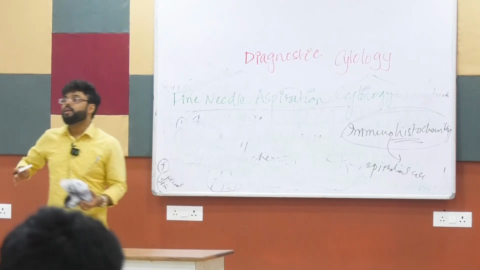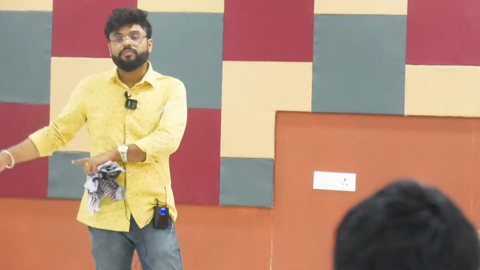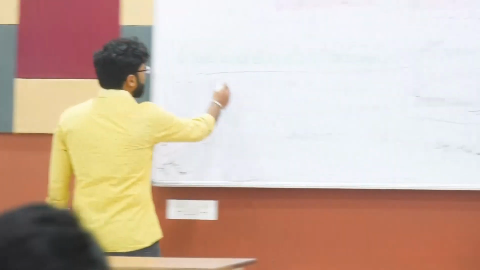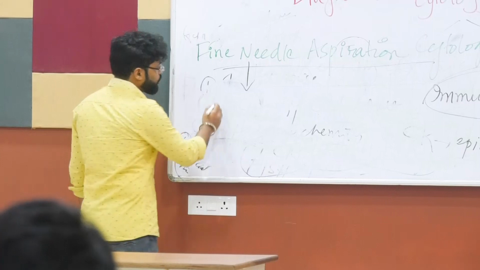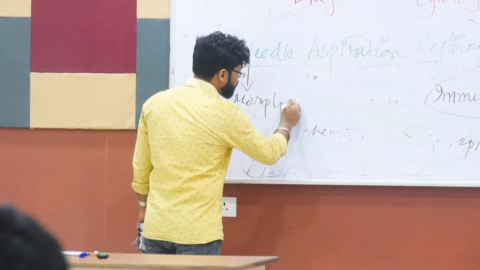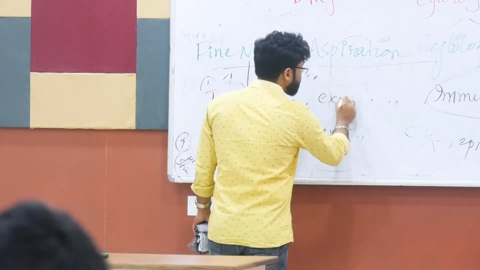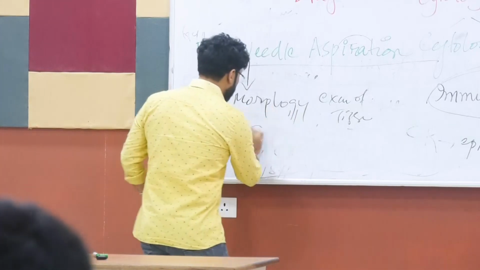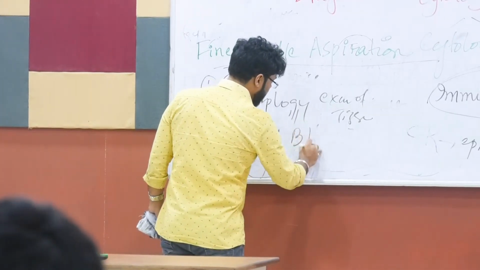So if that cellular sample can be converted into a histology block, we can easily identify the histological morphology of a tissue. So this FNAC sample can be useful to do morphological examination of a tissue by a special procedure known as cell block technique.